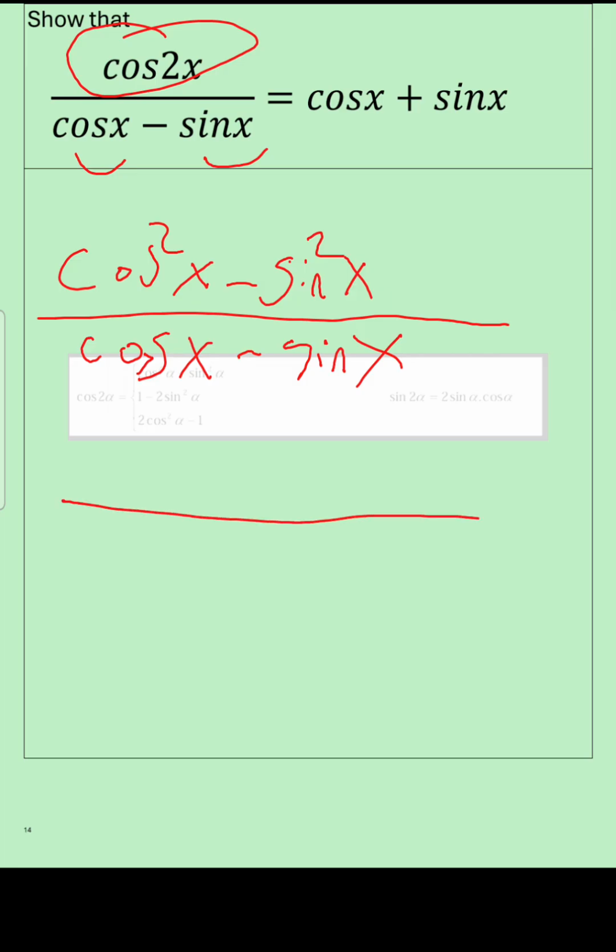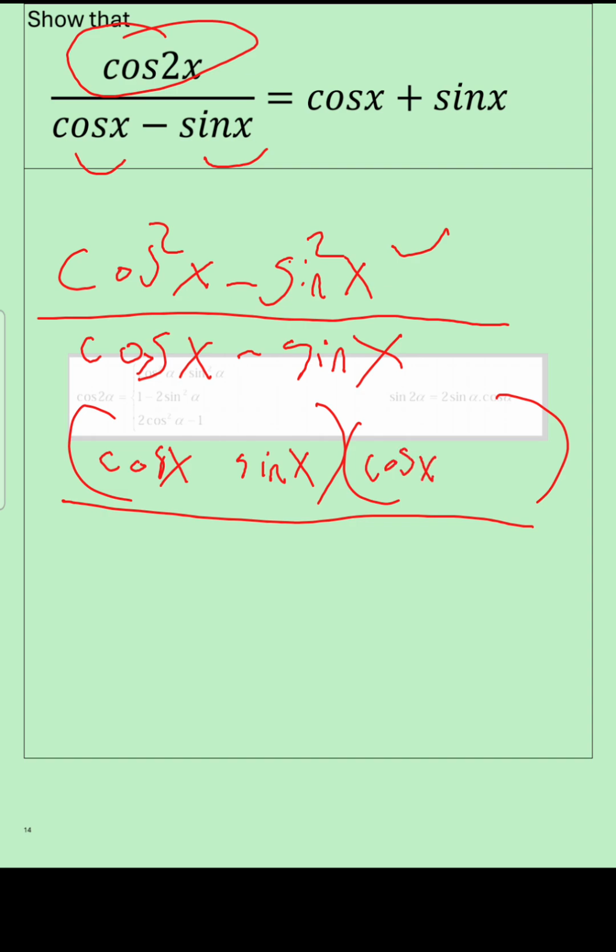Now you factorize difference of two squares. This is the difference of two squares. Open the brackets. Cos x, sin x; cos x, sin x.